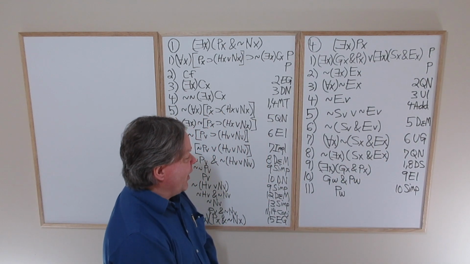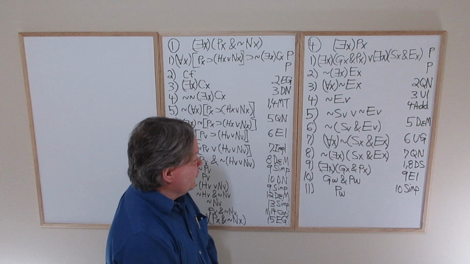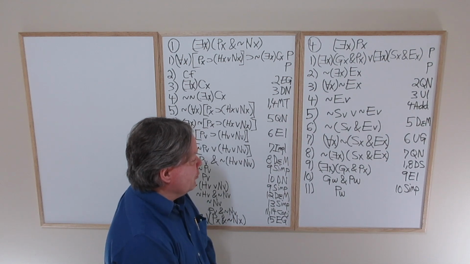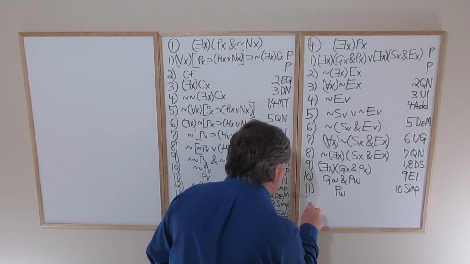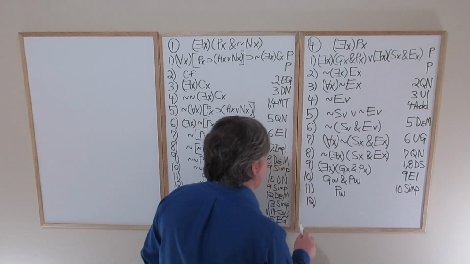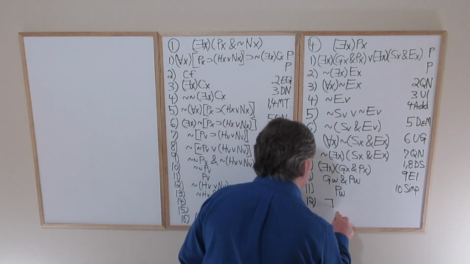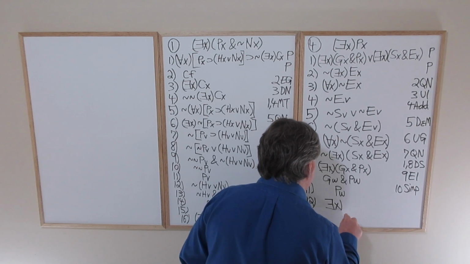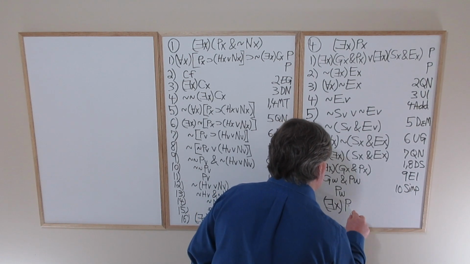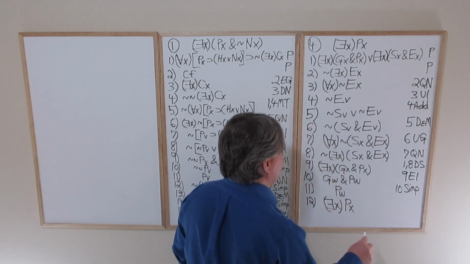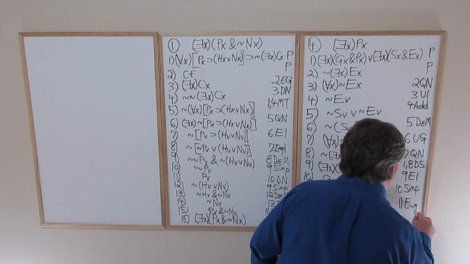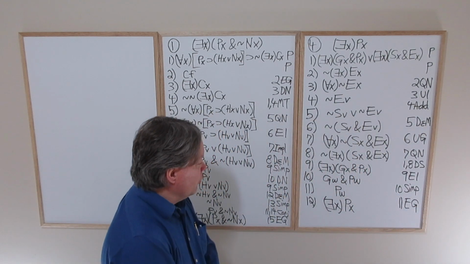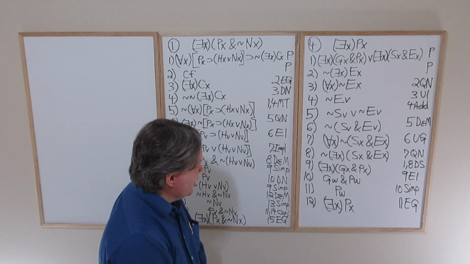Once we have unspecified W is a general practitioner and a pediatrician, we just snap off the conjunct we want. And then there's at least one X such that X is a pediatrician. It's just 11 EG. Well, hold it. Can we do that EG?